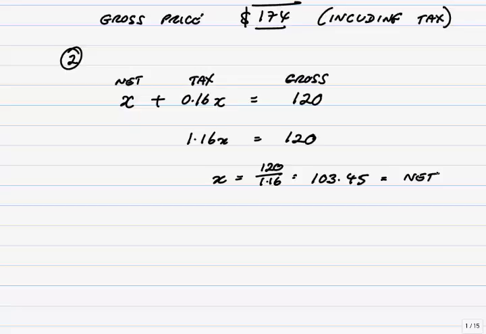It also says, and what is the amount of the tax? Well, the tax, of course, is 16% of the net price, which is $16.55. And although, for heaven's sake, in the exam, be confident, you won't have time to waste to keep checking yourself.